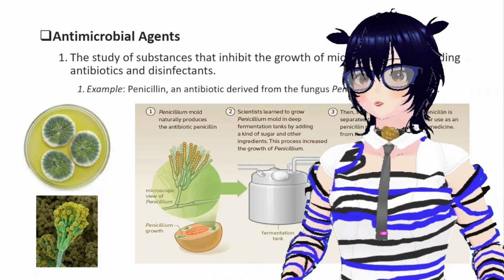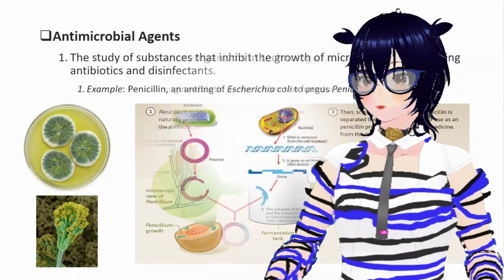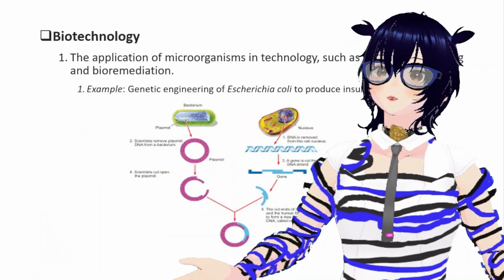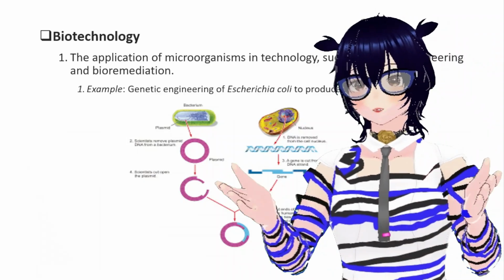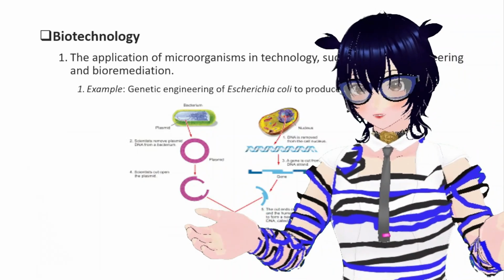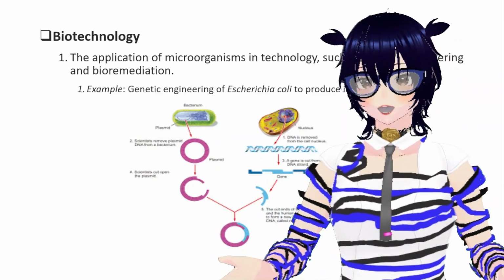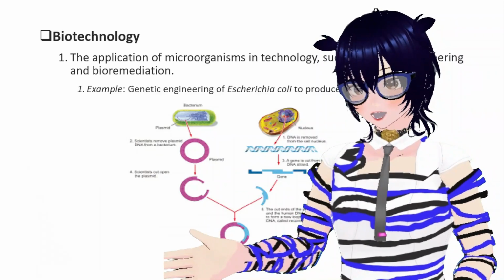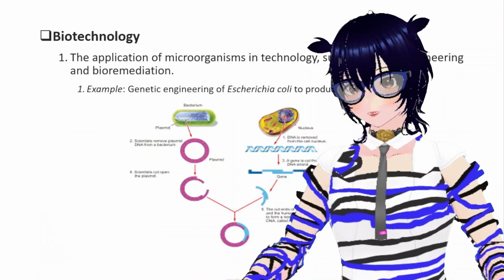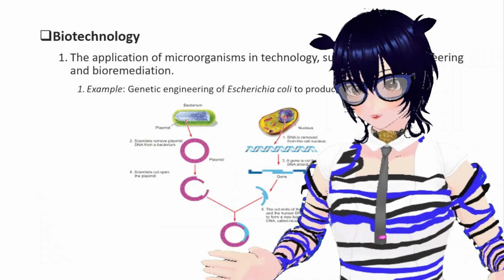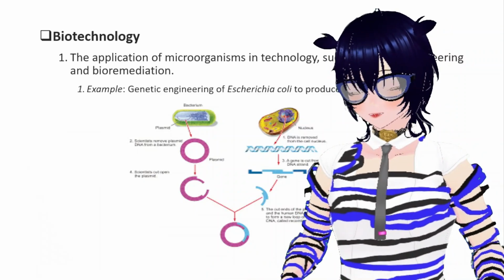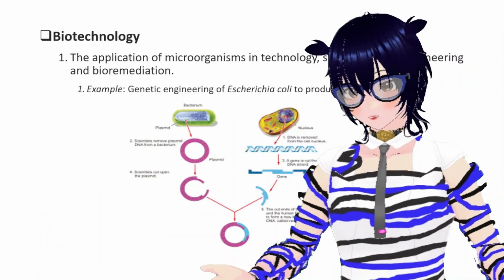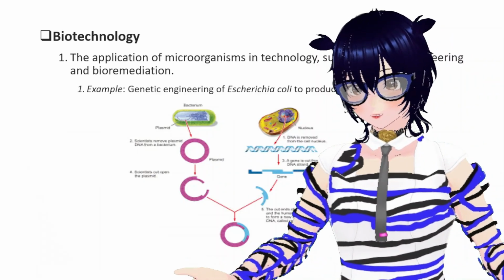Now the biotechnology. The application of microorganisms in biotechnology such as genetic engineering and bioremediation, or the application of microorganisms in technology. There is a difference between the application of microorganisms to produce antibiotics or citric acid or things like that in industrial biology.